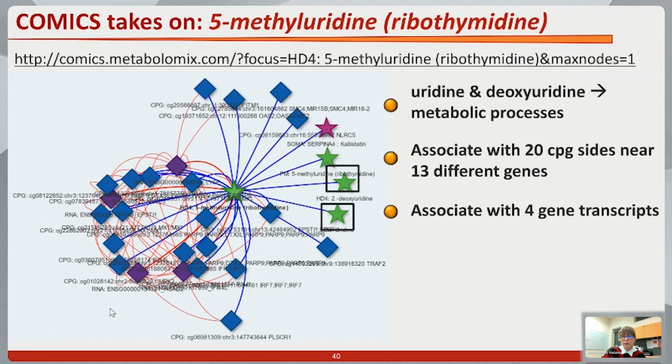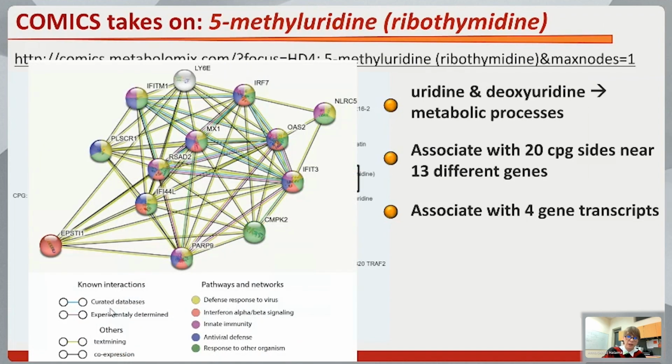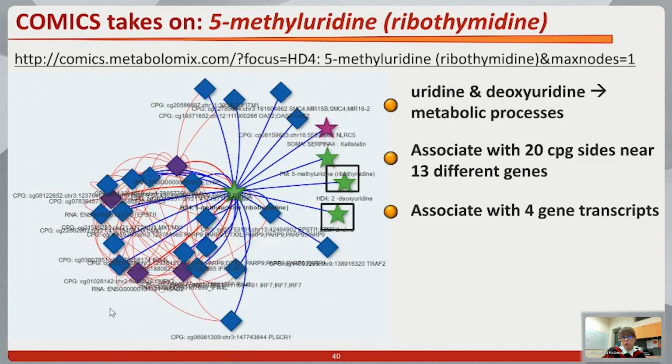But we are also seeing around 20 CpG sites near 13 different genes and 4 gene transcripts, which we further evaluated, and we find that they are involved in innate immunity, further suggesting the role of 5-methyluridine in inflammatory processes.